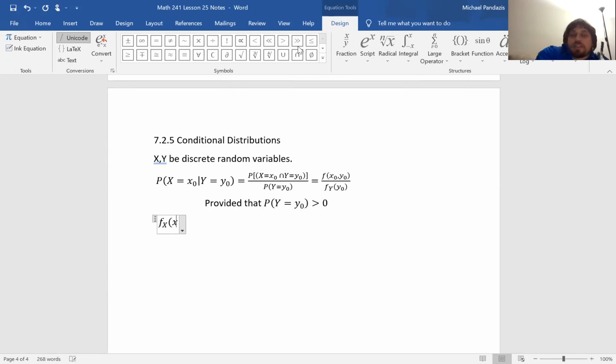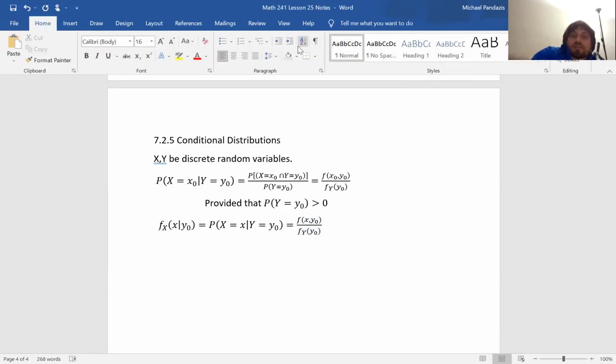Okay, so we have f sub x of x given y naught. This is equal to the probability that x is equal to little x given that y equals y naught. This is equal to f of x comma y naught over f sub y of y naught. Okay, from this definition.